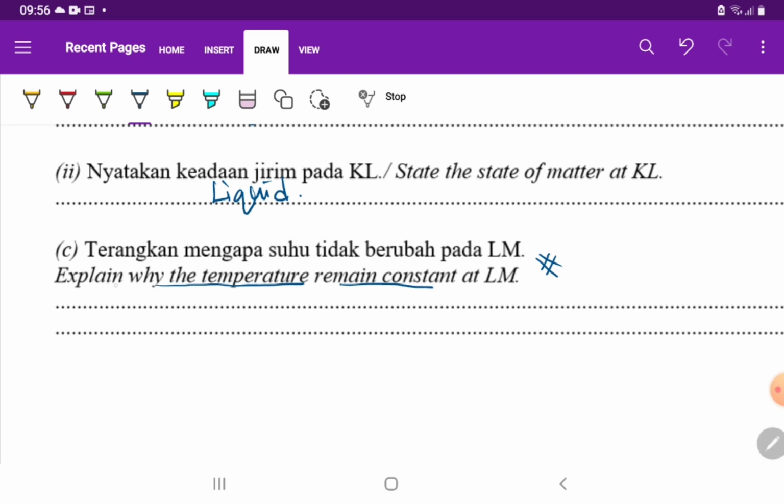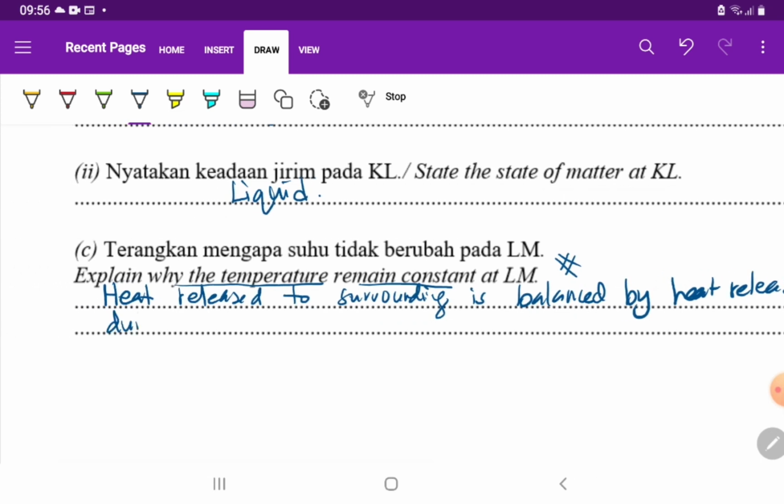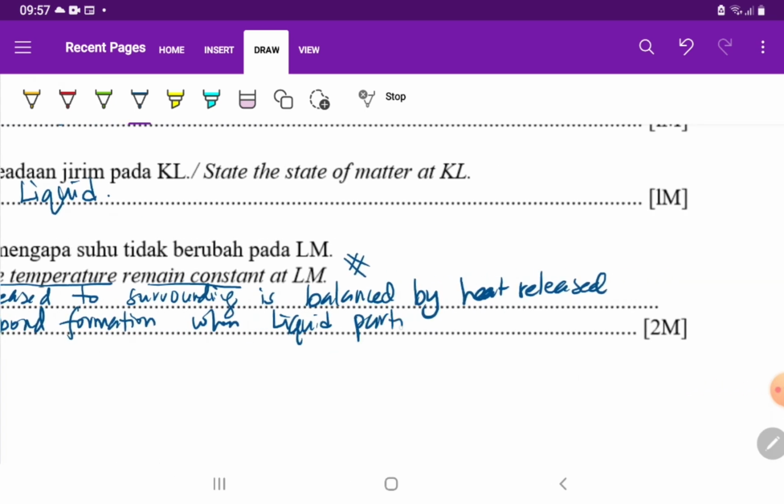For cooling, heat released to surrounding is balanced by heat released during bond formation when liquid particles turn to solid.